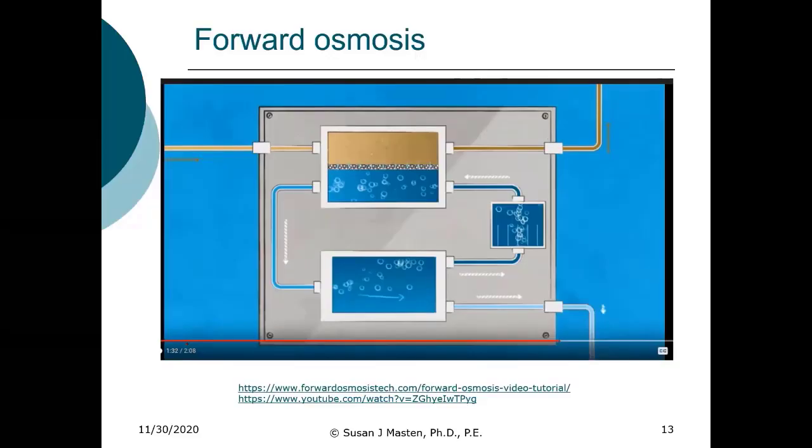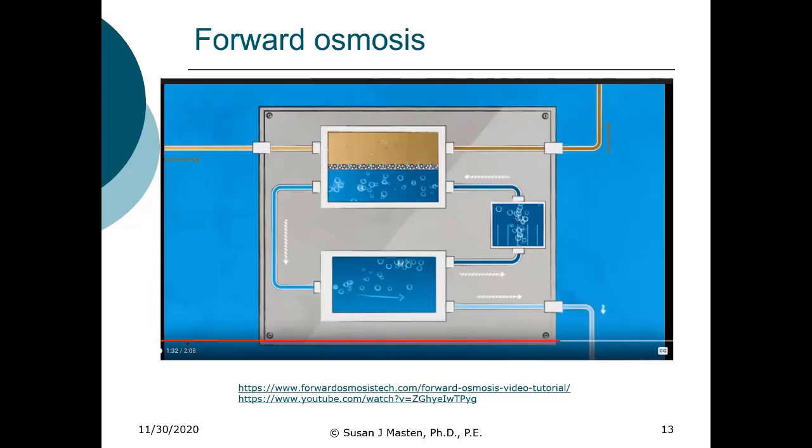The draw solution returns to the system in a continuous process, leaving fresh water ready for industrial use or human consumption. So you can see in this portion of the video that, again, what they're doing is using a high concentration brine solution to create that concentration gradient in order to drive water across the membrane. You still have your reject stream.